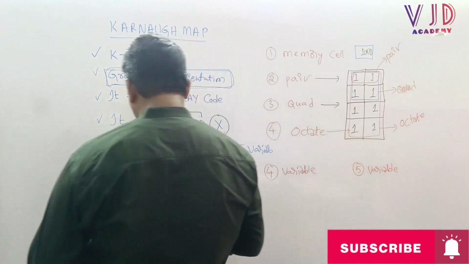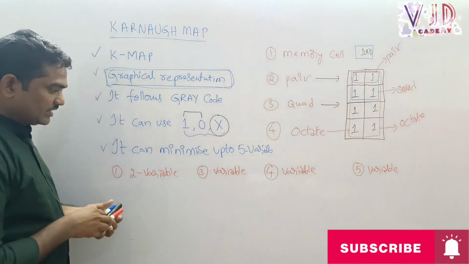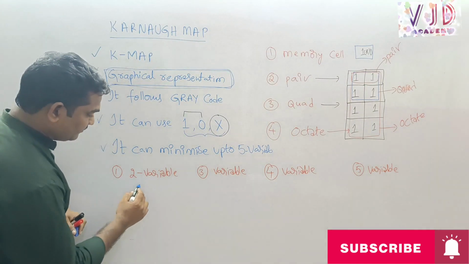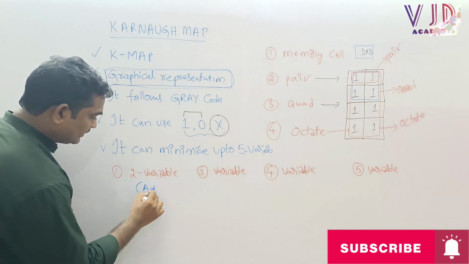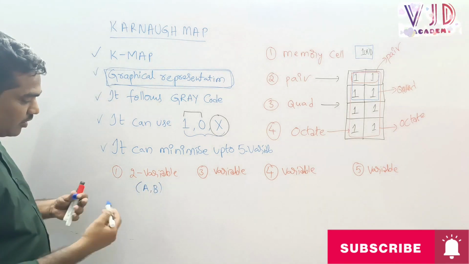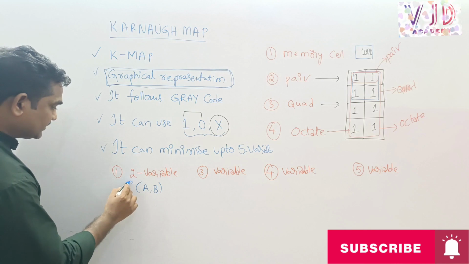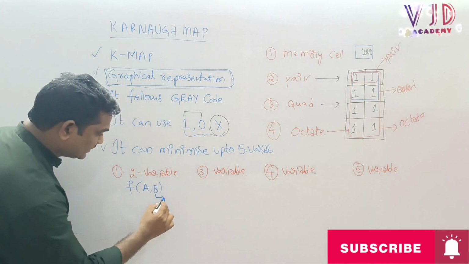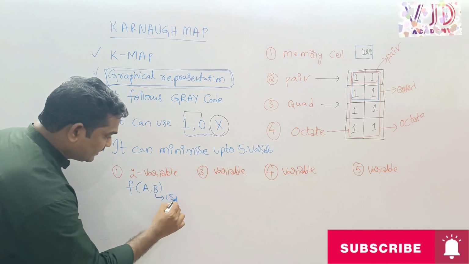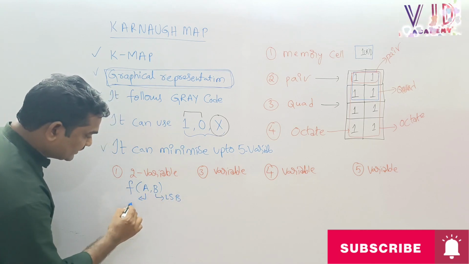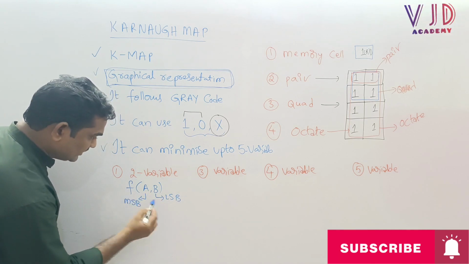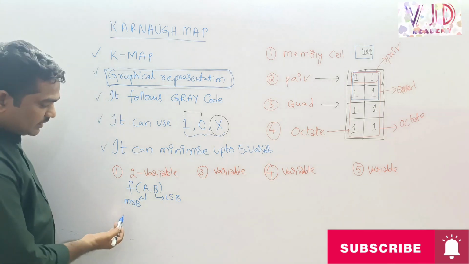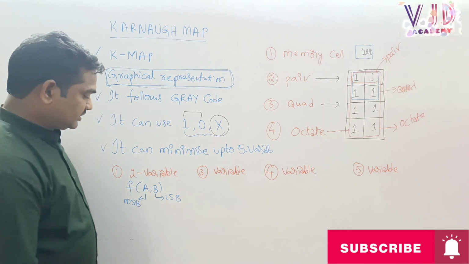Sir, what are the 2 variables? The 2 variables are A and then B. To form a logical function, we can call it f of a comma b, and here b can be called LSB, least significant bit, and then a is MSB, most significant bit.